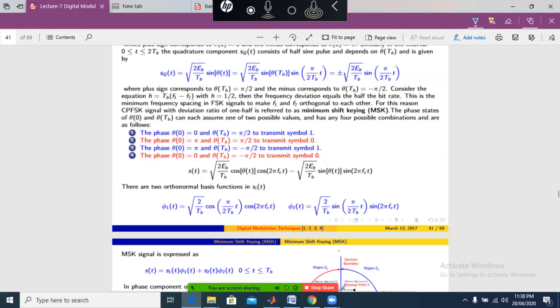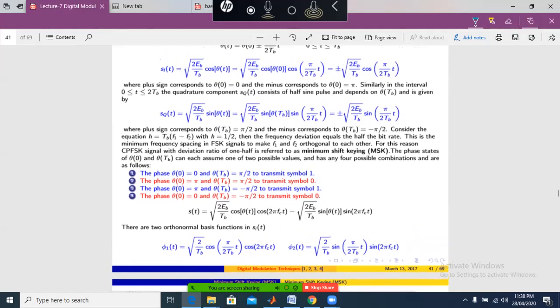So you can see that these two signals are square root of 2Eb by Tb sin(pi t by 2Tb), with the plus minus sign, and similarly for the in-phase component.